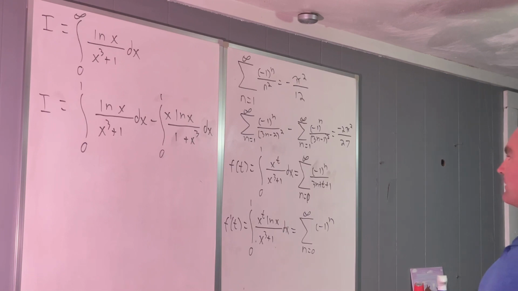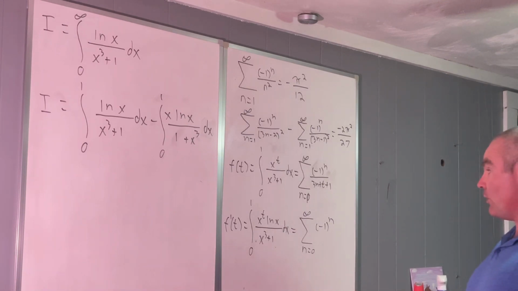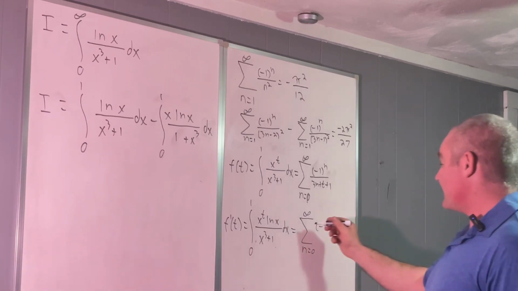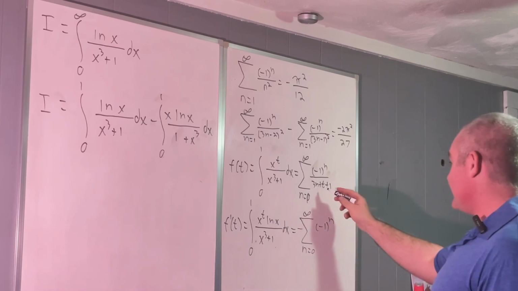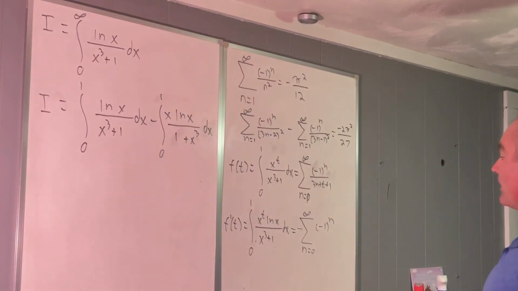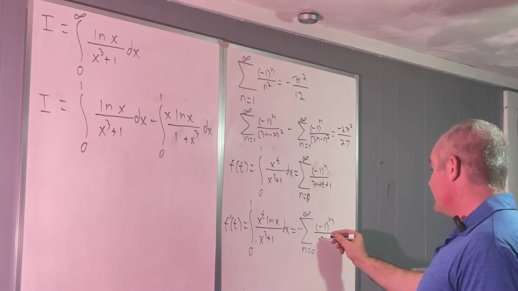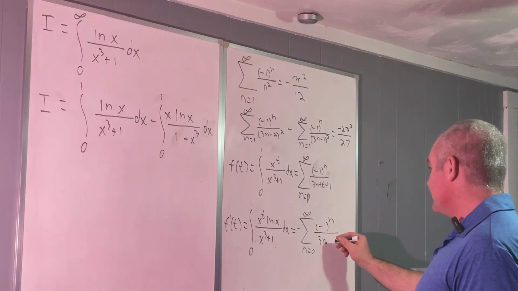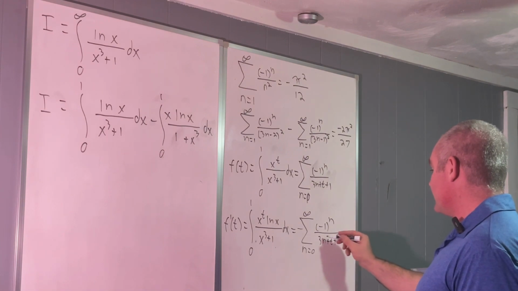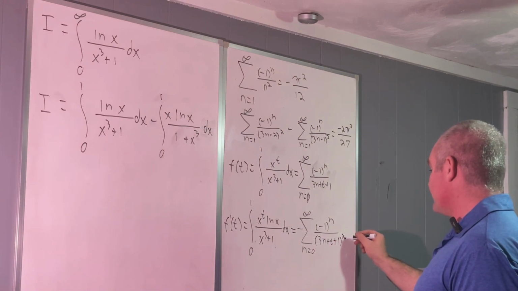In other words, 3n plus t plus 1 to the negative 1. So that's going to give us a negative 3n plus t plus 1 to the negative 2.